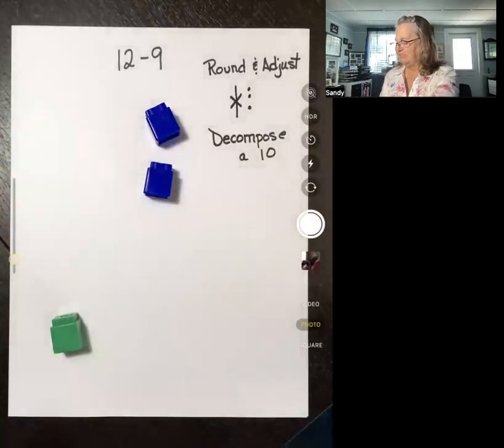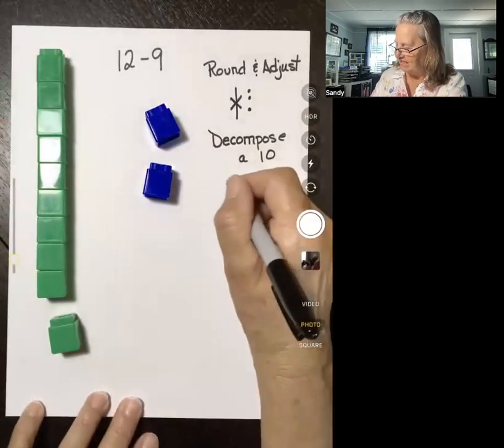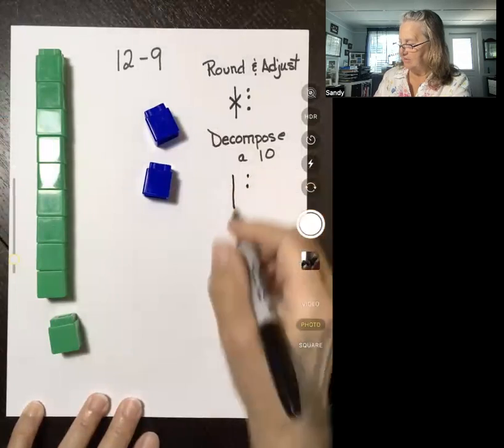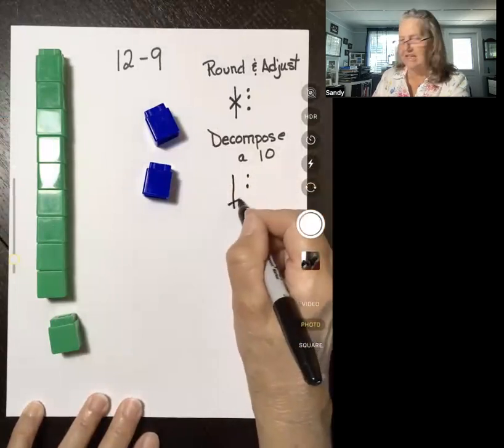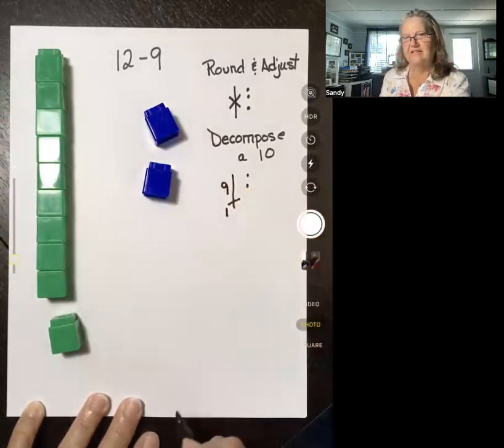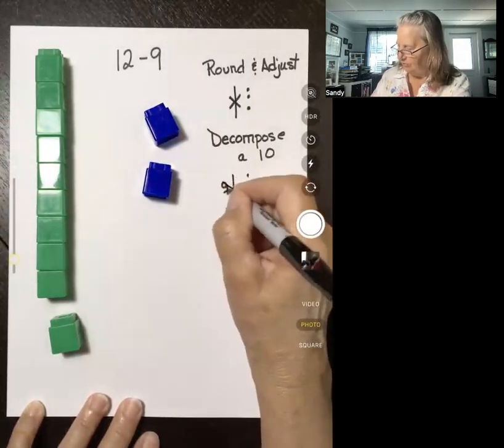So I'm decomposing the 10, I'm breaking it. I'm not exchanging it for 10 ones. I'm just going to picture breaking this into 9 and 1, and then I can remove the 9.